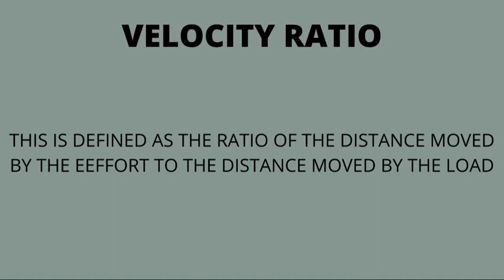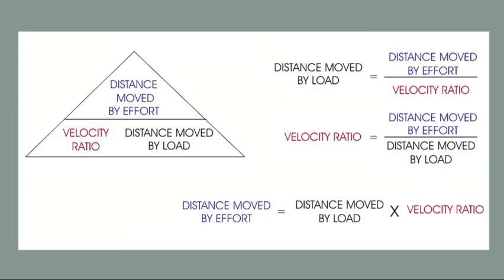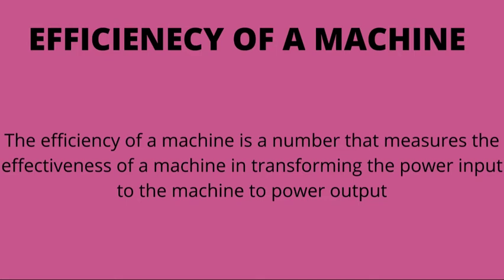When we say distance moved by effort, it means when you apply an effort to a particular point, taking a lever for instance, the distance that the effort will travel until it gets to the center of the machine, which we refer to as the fulcrum, is the distance moved by effort. And then the distance moved by the load is the meters moved by the load until it gets to the center of the machine, which is the fulcrum.